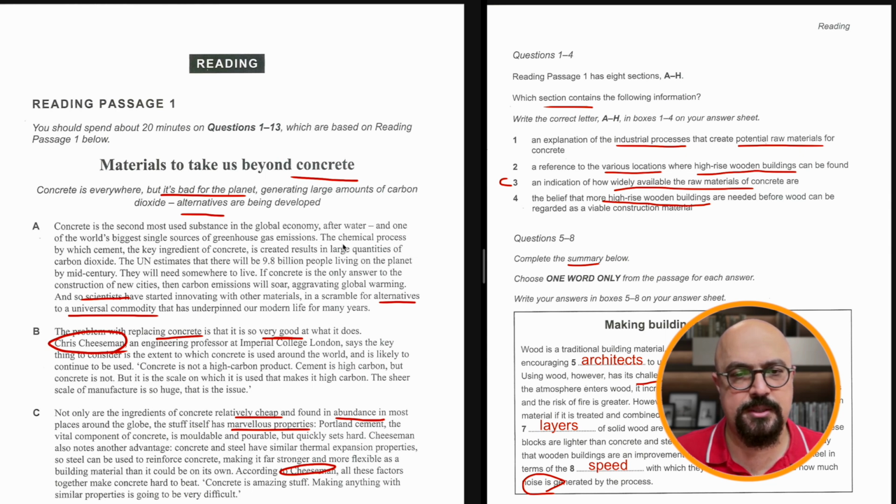Chemical processes by which cement is made. Industrial processes. Do you think number 1 could be this one? Not completely. There was something mentioned, but it was not an explanation of the processes.